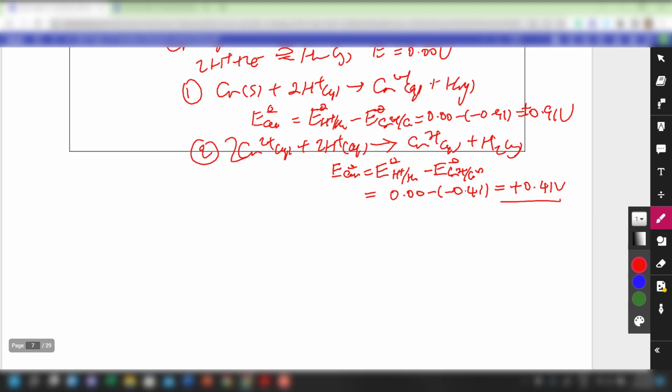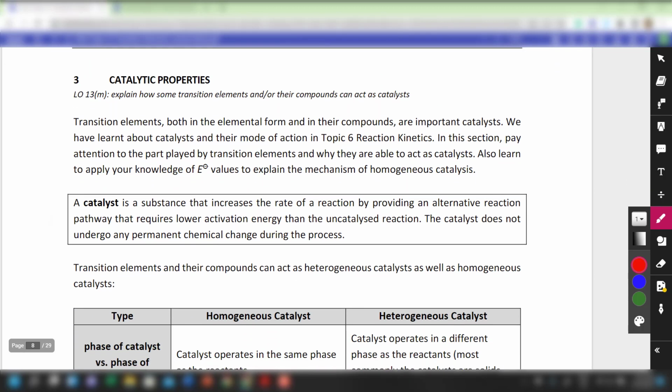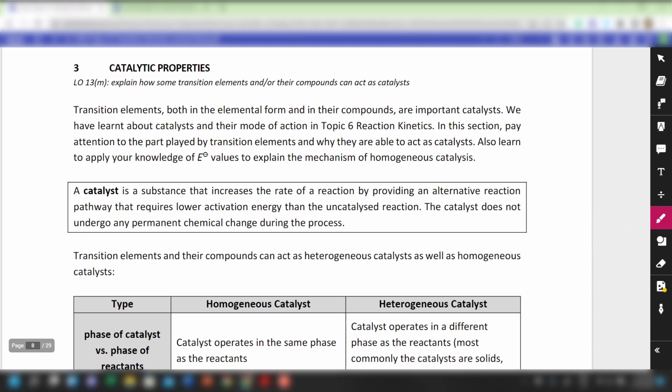Next, we're going to move on to section 3 on the catalytic properties. We learned about catalysts in JC1 under the topic on kinetics, so you might want to review kinetics as well as the modes of action of catalysts in that set of notes.